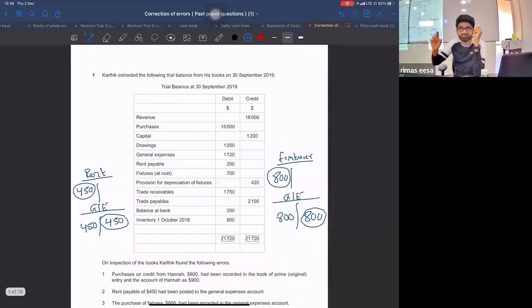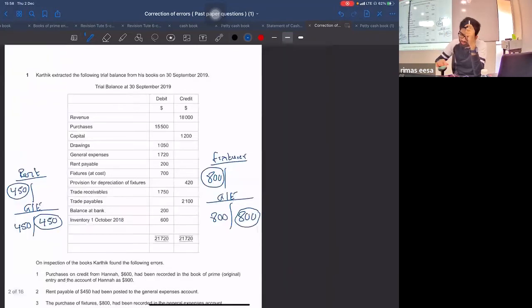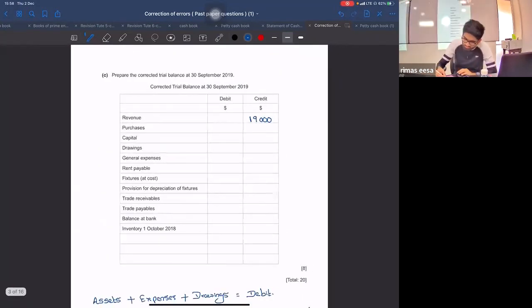Now 15,500 was given on the debit side, and if you go and credit 300, will the value increase or reduce? Reduce. So how much would be the amount for purchases now? If you reduce it by 300, it will be 15,200. Is that clear? Right? It will be 15,200.